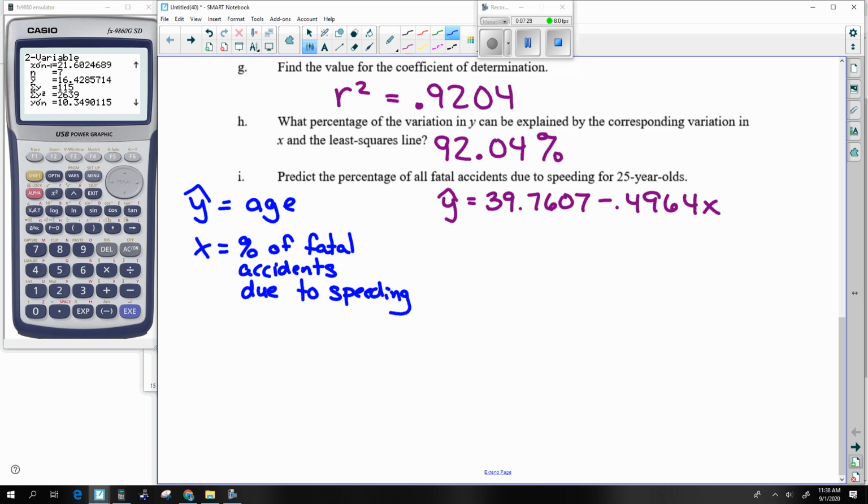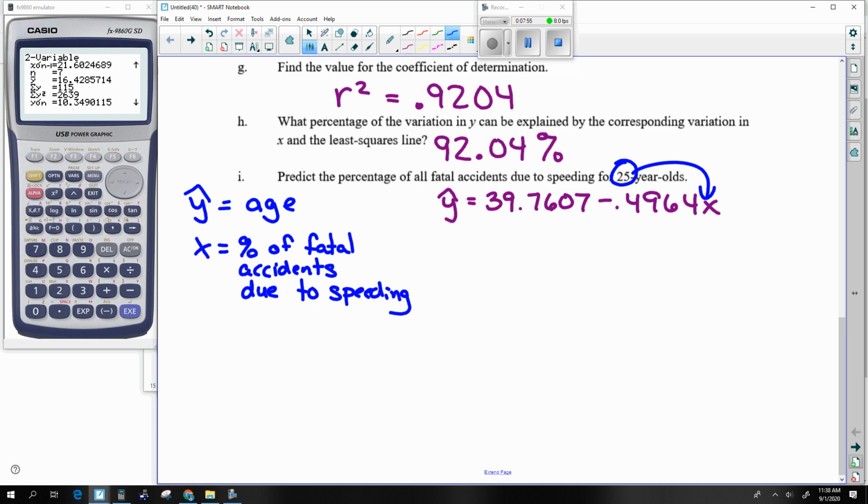Now, the reason that I harp on this all the time is when people sit down to do these problems, what a lot of times they do is they say, oh, 25. 25 is X. And they always put it in for X. They just see a number and then they just enter it at reckless abandon into your formula.